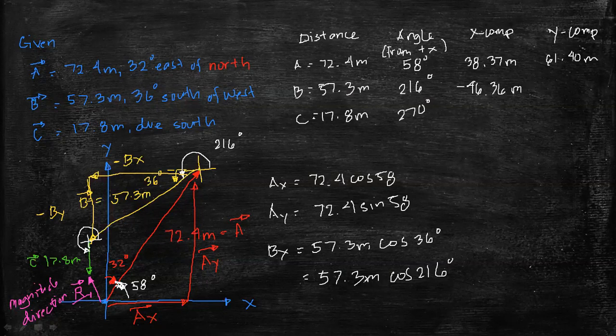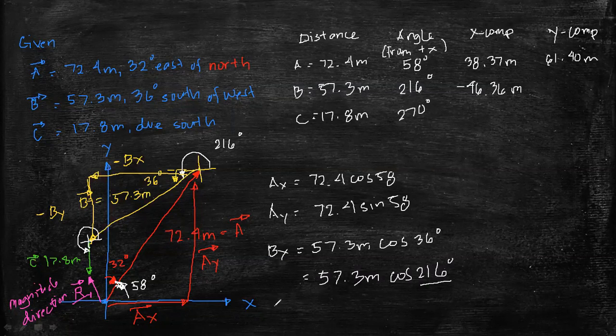Again, I repeat, if we use 57.3 meter times cosine 216 degrees, it will give us directly a negative value. But if we're going to use 57.3 meter times cosine 36 degrees, it will give us a positive value. And we must refer to the illustration to get the right direction, which is negative in this case.